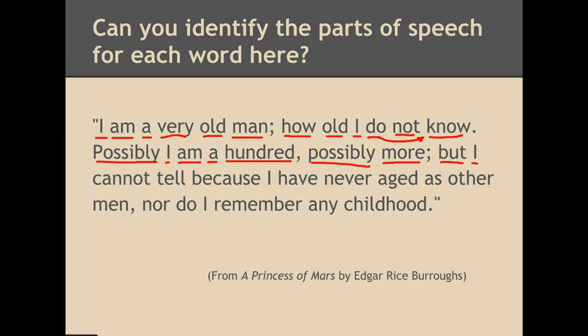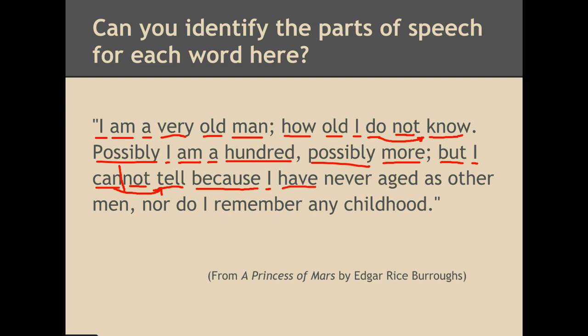There's the word I again. Okay, now cannot actually is broken up into two words. So we actually have a helping verb here because this helps this word, which is also an action verb. Here's our adverb. Because is what we call a subordinating conjunction. There's the word I again.